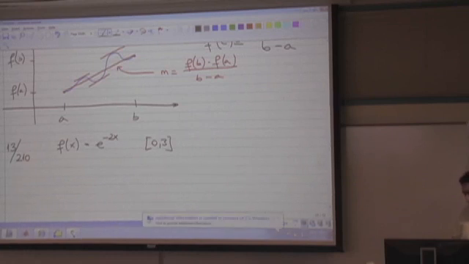Again, we're supposed to verify that the conditions of the mean value theorem are satisfied and find a point c from the mean value theorem.